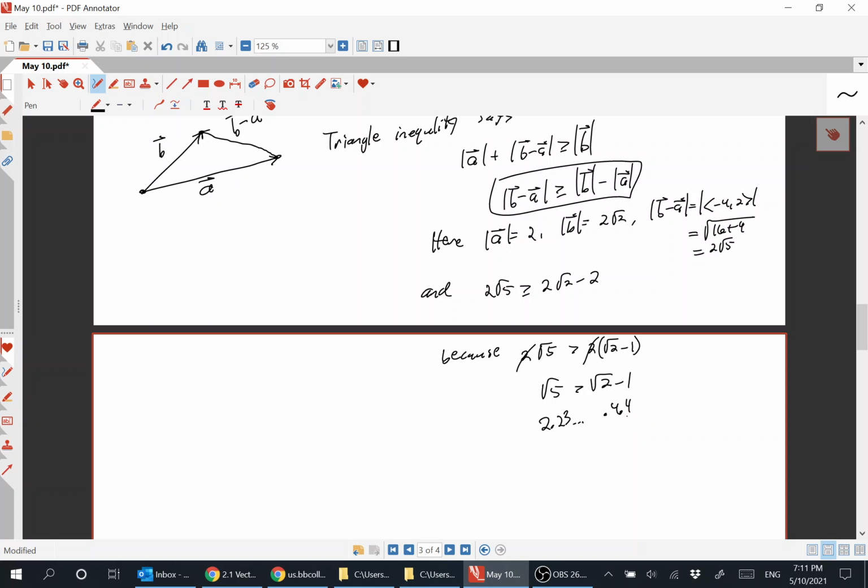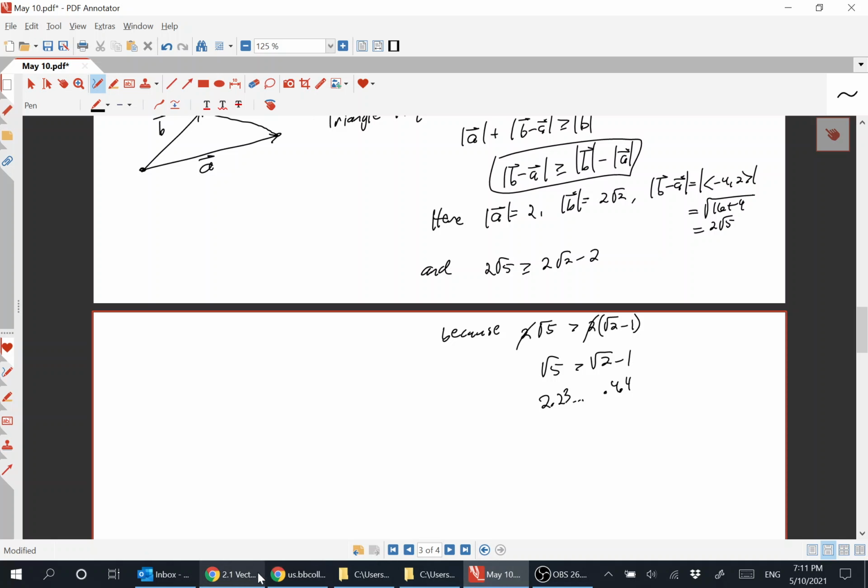Right. So that's kind of neat. So the length of B minus A is bigger than the length of B minus the length of A. Or you can turn it the other way around. The length of A minus B is bigger than the length of A minus the length of B.